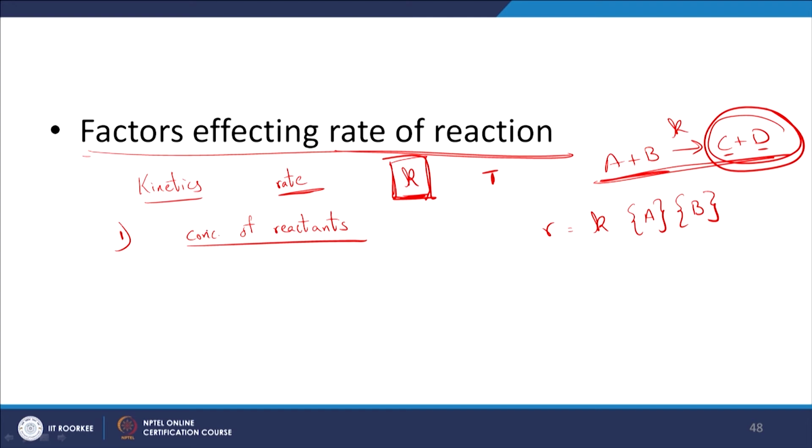So the rate always depends only upon the concentrations of the reactants. Please keep that in mind.